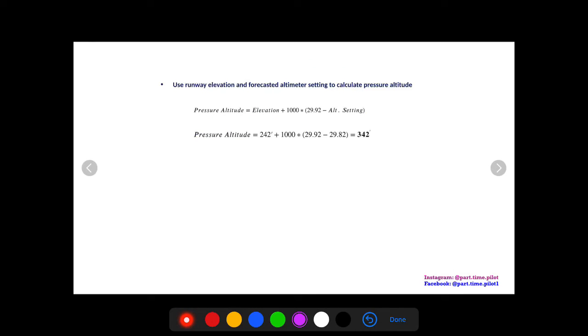The first thing we need to do is compute pressure altitude. Our pressure altitude equation is: the pressure altitude equals the elevation plus 1,000 times the quantity of 29.92, that's our standard altimeter setting, minus our actual altimeter setting. So that quantity times 1,000 added to the elevation.